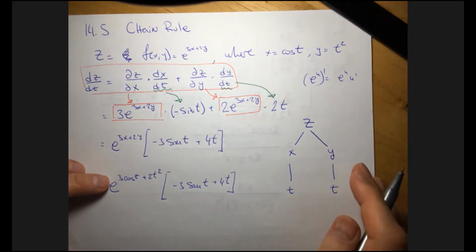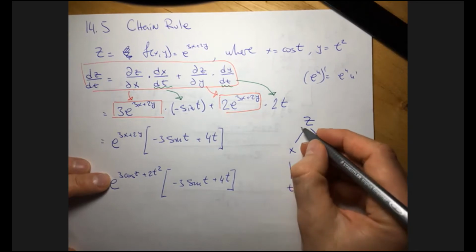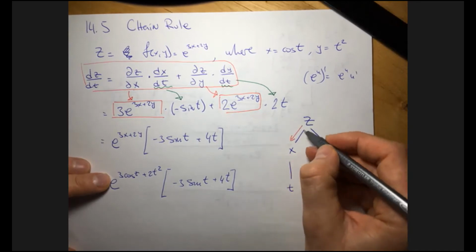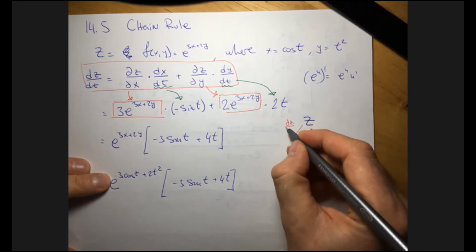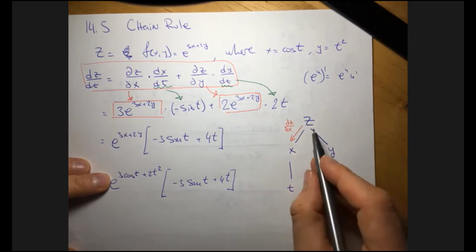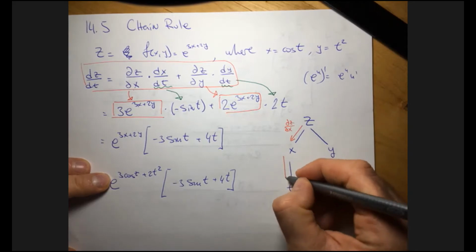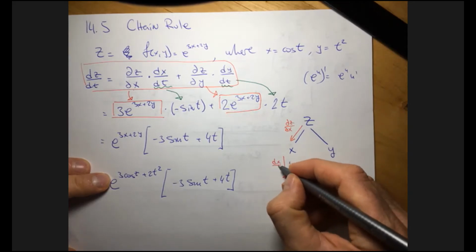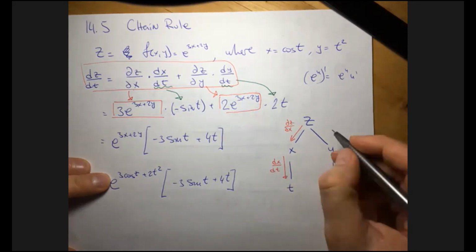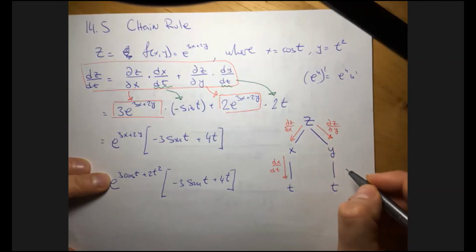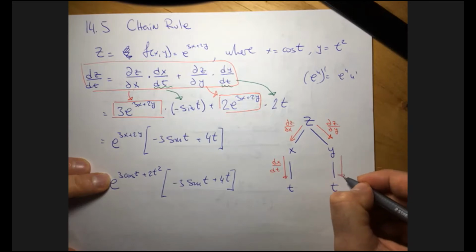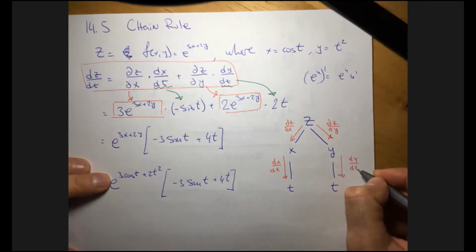So then dz dt is going to be, how to get to t? First, I have to go through x, partial z, partial x, because z depends on x and y, and then dx dt, x depends on one variable, plus partial z, partial y, times, by the chain rule, dy dt.